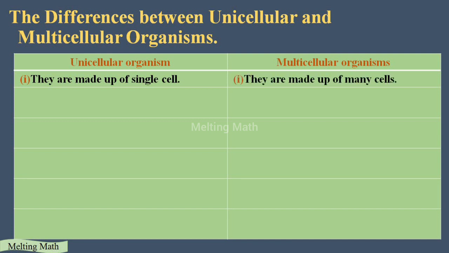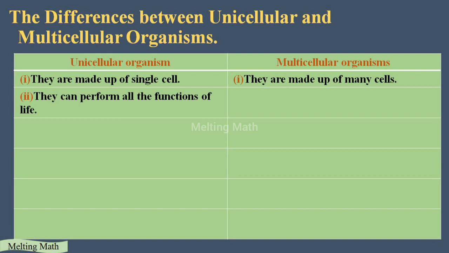It's made up of many cells, and in our human body, cells perform functions like digestion, blood circulation, and so on. It does this through different varieties of cells. That's why we say the human body is made up of a large number of cells. Then see, a unicellular organism performs all the functions of life.